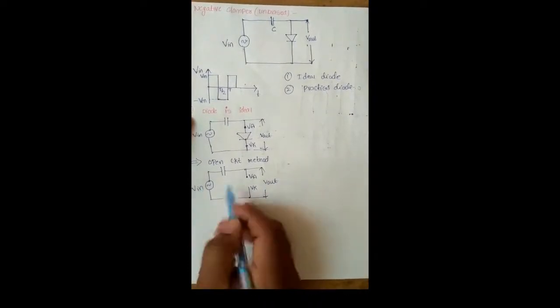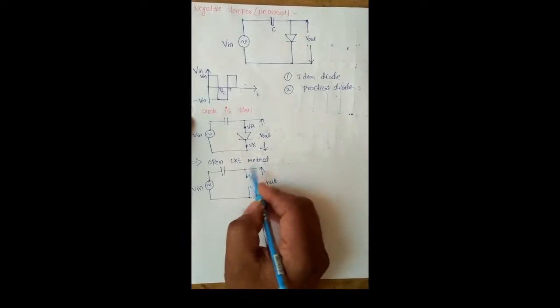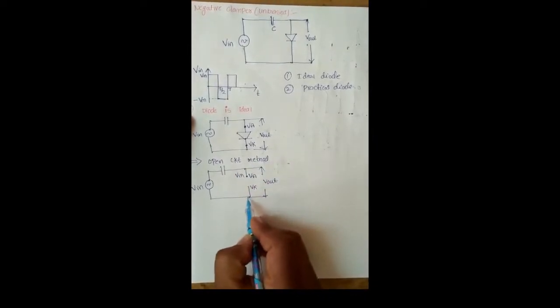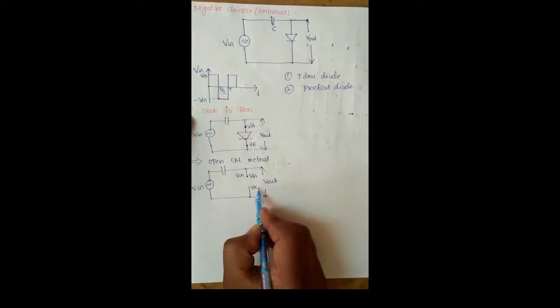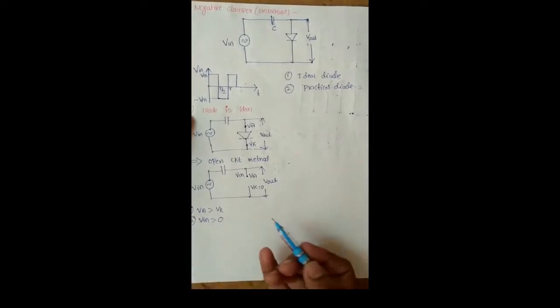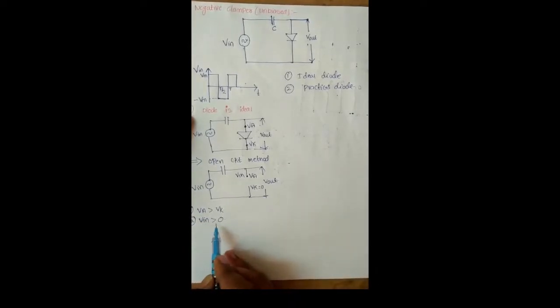We apply the input, and we know that the voltage at the anode is V input, and the cathode is grounded, so the cathode voltage V cathode equals 0 volts. Here we assume the first condition, VA greater than VK, where VA is the input voltage, therefore the input voltage is greater than 0.